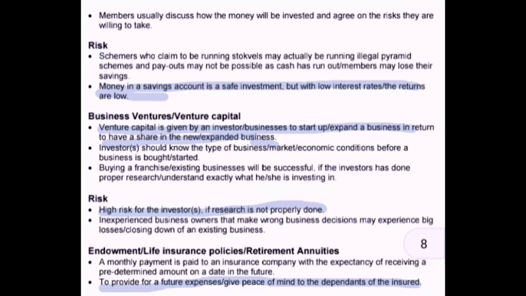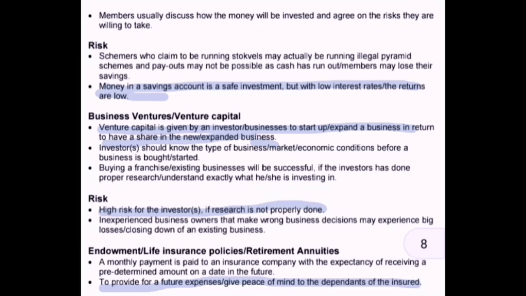Endowment or a life insurance policy, retirement. We are focusing on those ones. These ones, they do what? To provide for future expenses, give peace of mind to the dependents of the insured. So here, it's an insurance.